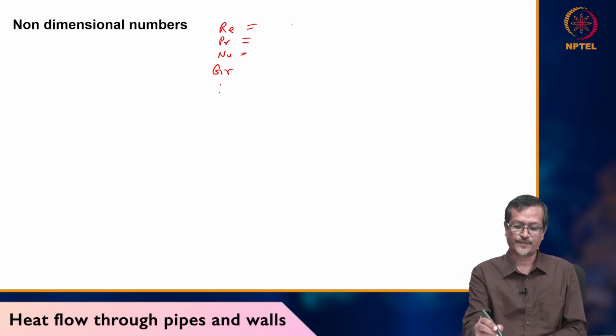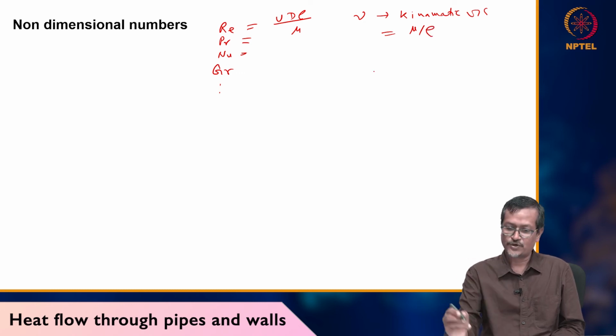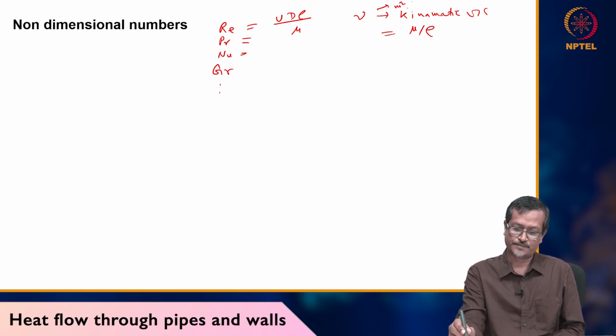The formula is U d rho by mu, where nu is kinematic viscosity, its formula is mu by rho, and the unit you should remember, meter square per second.